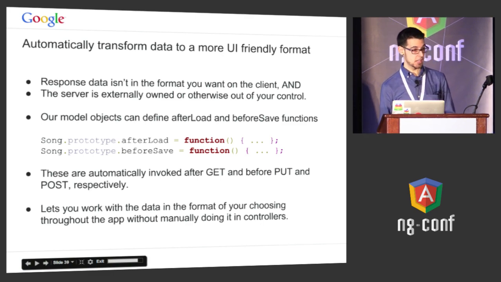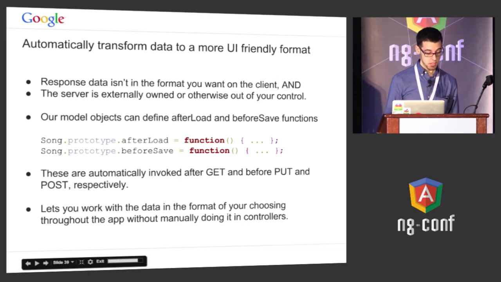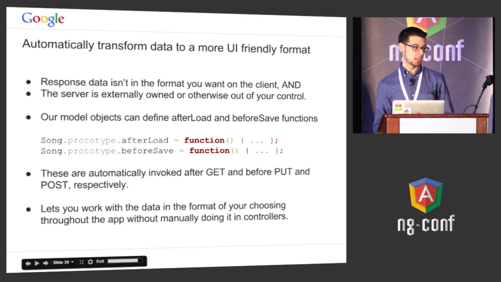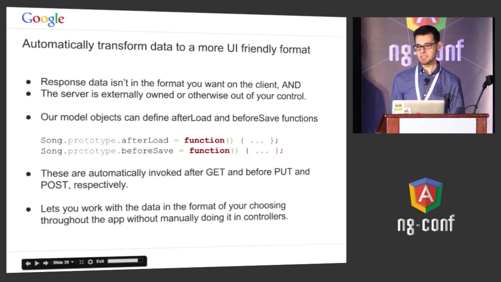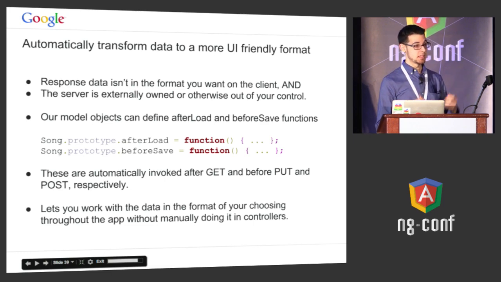Maybe it's a third party, or maybe it's legacy and is not worked on anymore, and that backend is returning data in a format that's not really the way you want to work with it on your UI. This is the case we have on our project, where our application is a front end that's consuming data coming from a backend that's maintained by another team, and it's difficult to make changes to that.